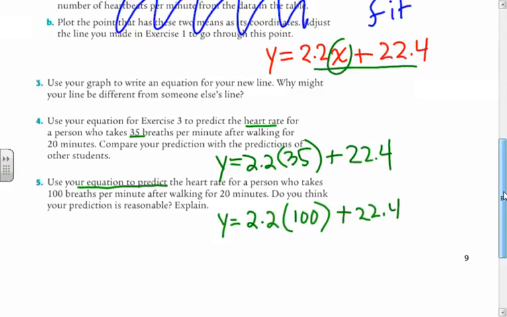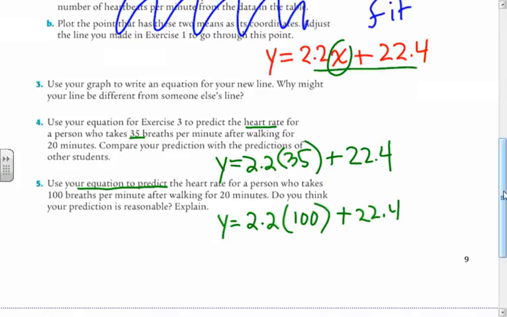We're on page 9. And remember, I was calculating the heartbeats using the equation my calculator gave me. What we said is that if we take 2.2 times 35, which is your breaths per minute, plus 22.4, we get 79.24.